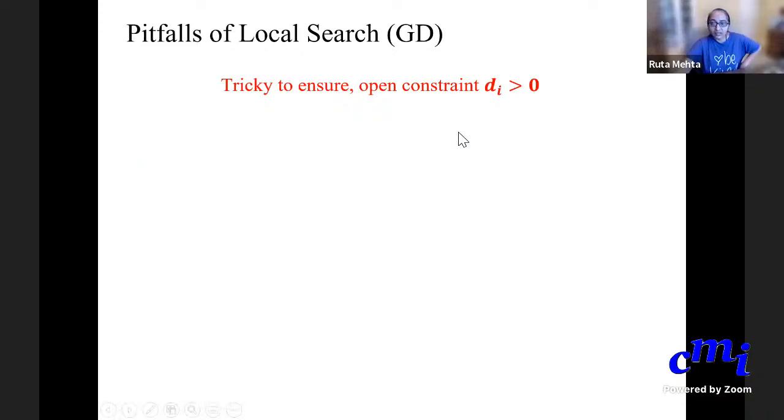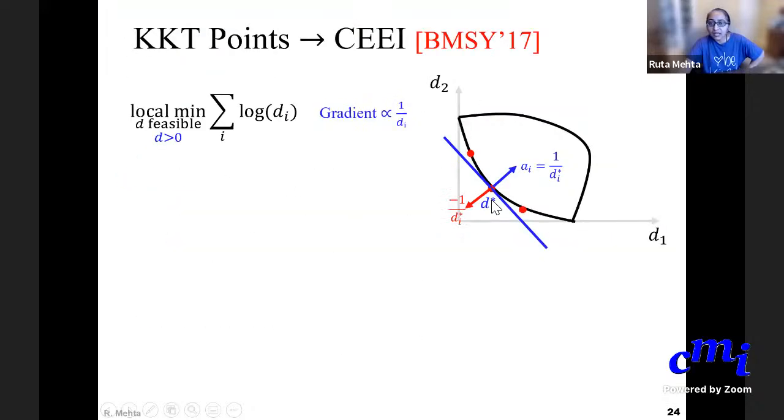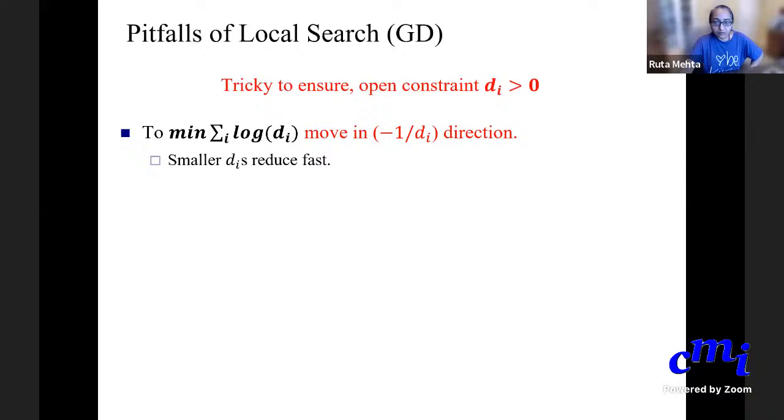Because geometrically, what the gradient tells you is the direction in which the function increases. So this is the direction of increase, and you have to go in the opposite direction to decrease the function. So if you apply gradient descent, it's going to move in the minus 1 over di direction. The smaller the di is, the faster it reduces, so the minimum coordinate is going to reduce fastest.